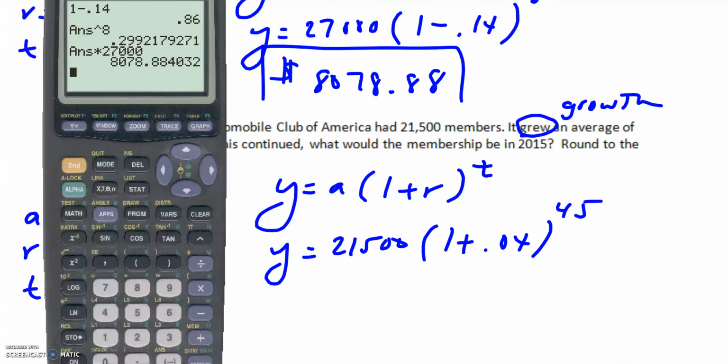So if I bring my calculator out again, I would take 1 plus 0.04, and then I would raise that to the 45th power, and then I would multiply that by the 21,500 initial people. And when I do that, my answer is 125,585.27.